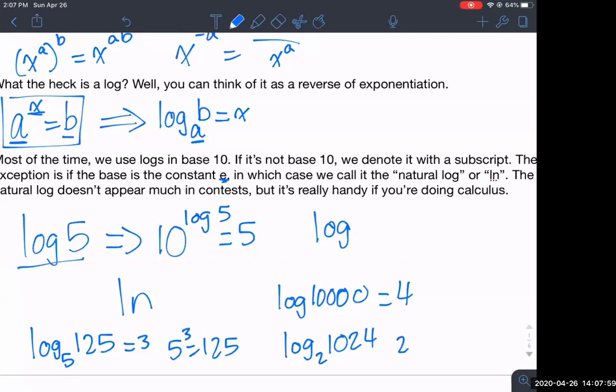So 2 to the power of 10 gets you 1024. So this one is going to be 10.